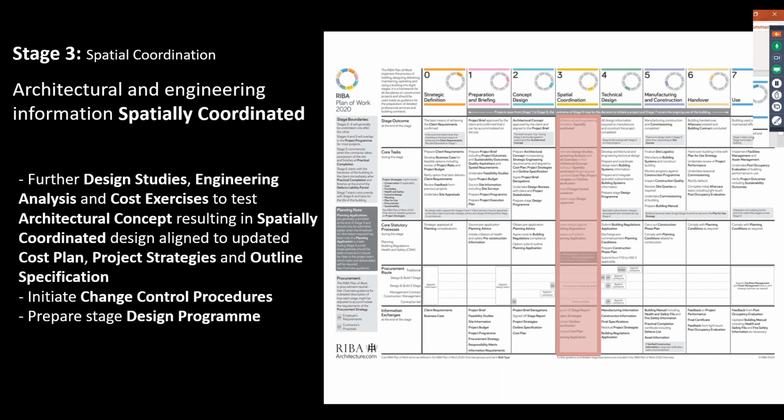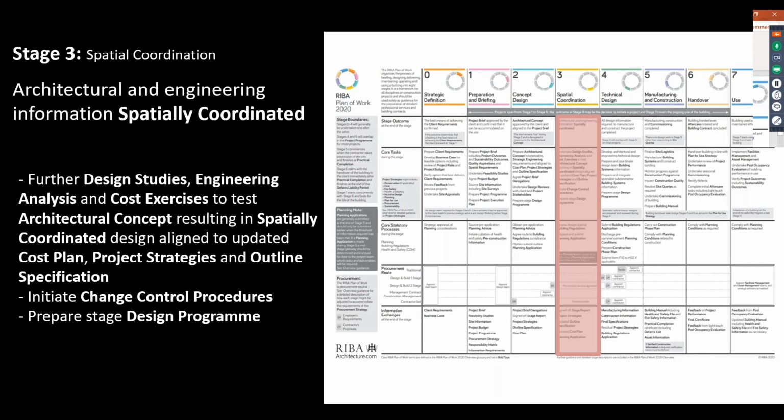We do counsel that clients should be cautious with this approach, and certainly clients should be experienced in doing this kind of approach if they are going to work this way, because any planning application that's prepared before the end of stage 3 risks needing changes as it progresses through the planning process, as stage 3 is completed to move into stage 4.